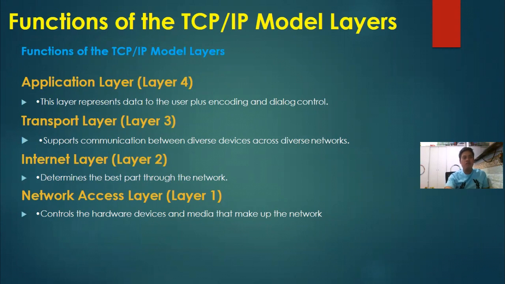This layer represents data to the user plus encoding and dialogue control. The transport layer supports communication between diverse devices across diverse networks. The internet layer determines the best path through the network. The network access layer controls the hardware devices and media that make up the network.